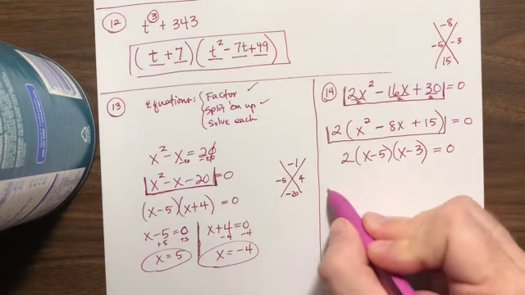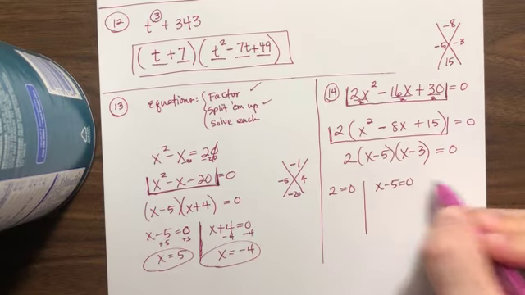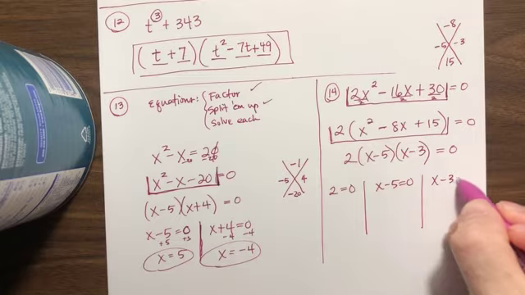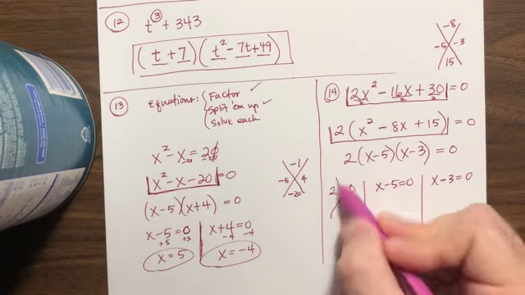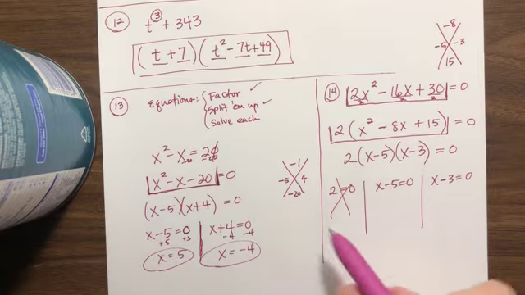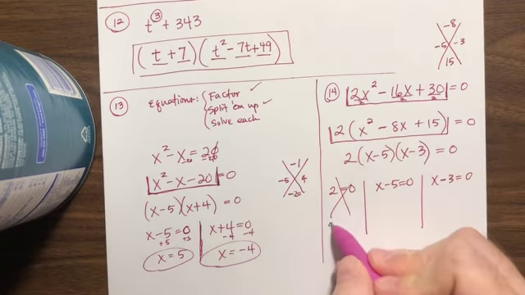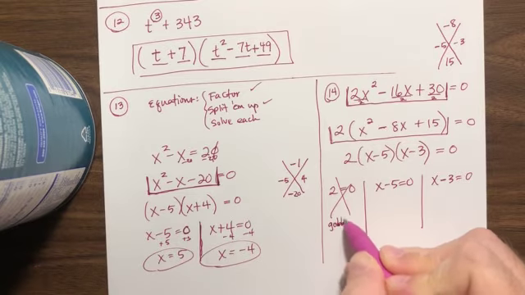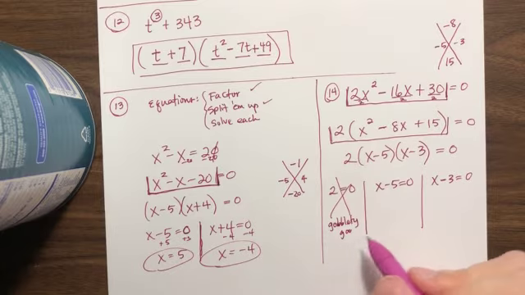Now we're going to split them all up. 2 equal to 0. X minus 5 equal to 0. And x minus 3 equal to 0. So 2 equal to 0 gives me nothing. This number can't be equal to 0, so this doesn't make any sense. It's gobbledygook. I don't care.